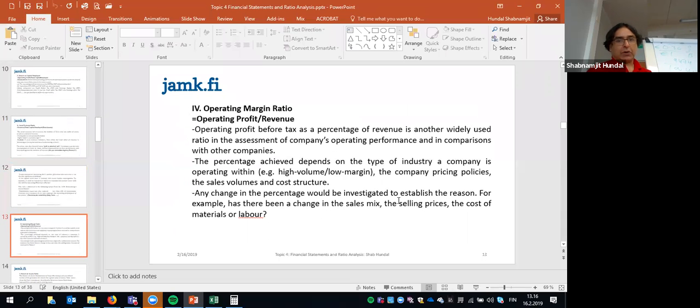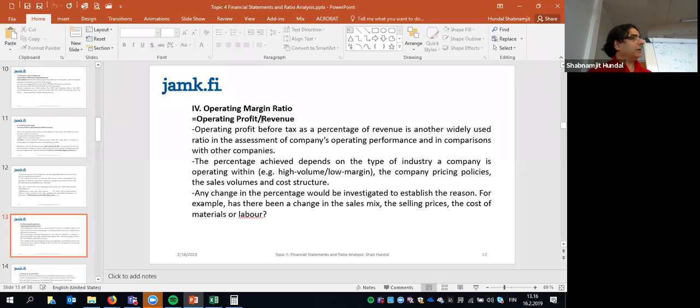And then the next one is called operating margin ratio. So what we do here is we primarily focus on operating profit, which we have calculated already, and divide by revenue.